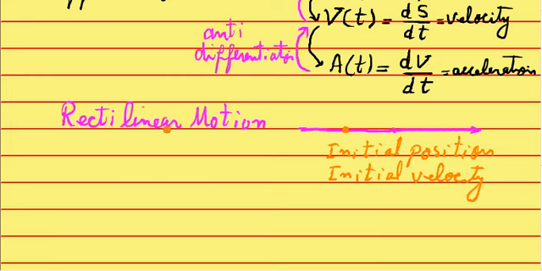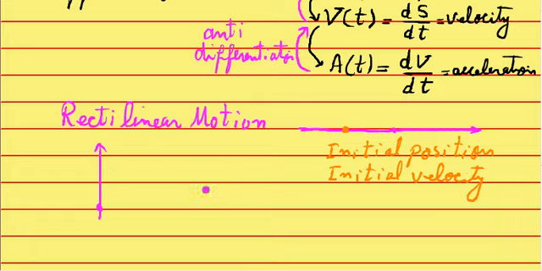Now, rectilinear motion could happen in any direction so long as it's in a straight line. So it could just as well be on a vertical line. Typically, your movements are happening either on the x-axis or on the y-axis, but it could be along any line. It does not matter. Let's go ahead and take an example and see how we handle this.